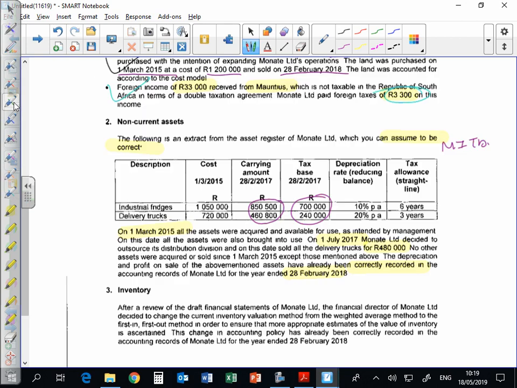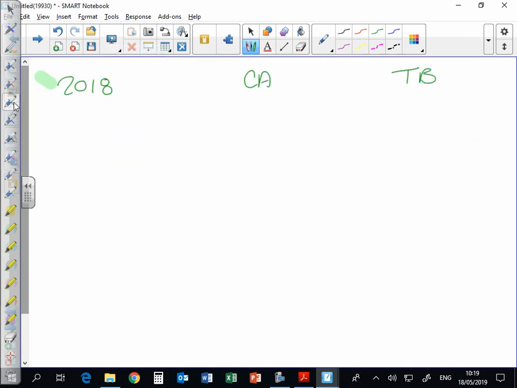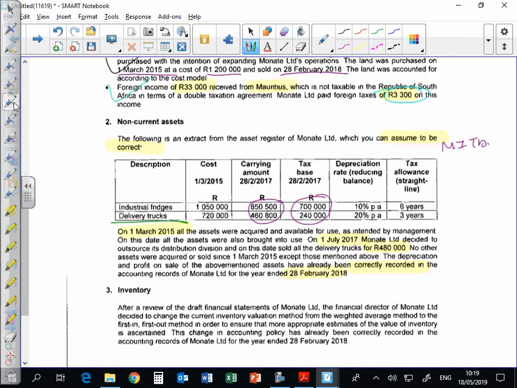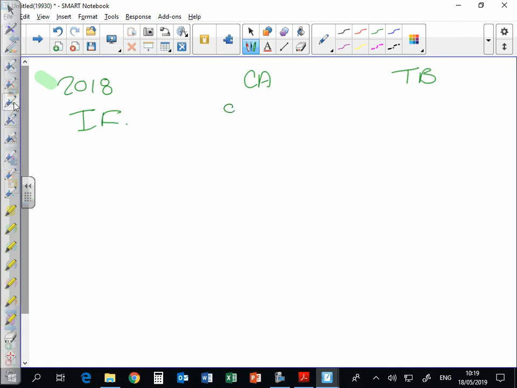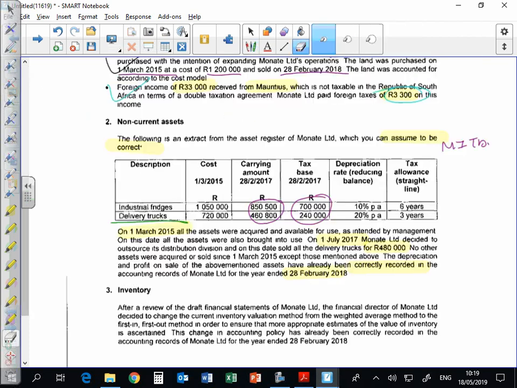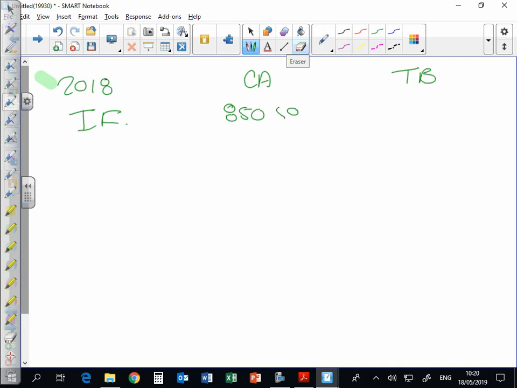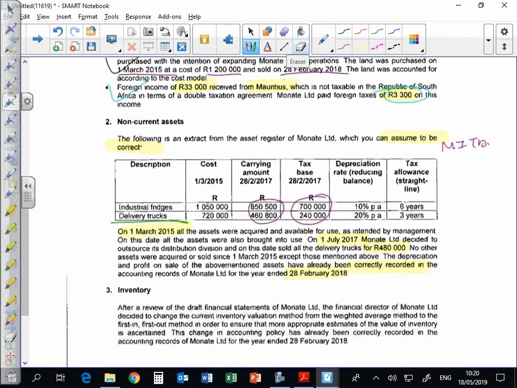We know that both these, what did we sell? We sold all our trucks. So let's first look at the industrial fridges. We had a carrying amount of 850,500 and a tax base of 700,000. They told us that the depreciation had already been correctly accounted for.